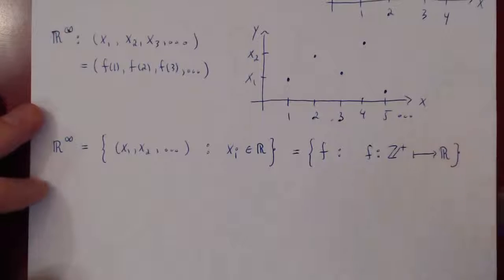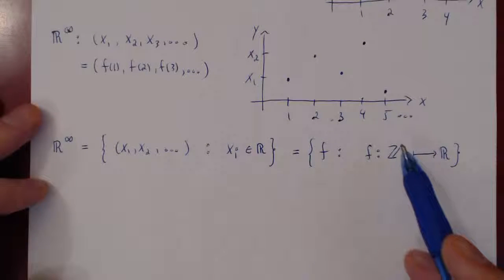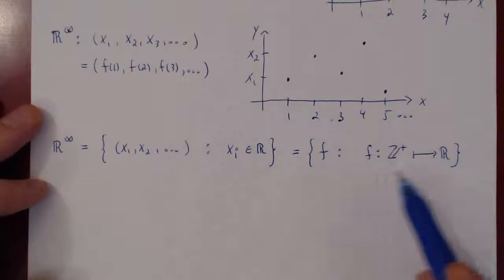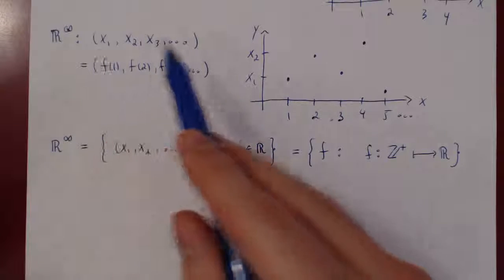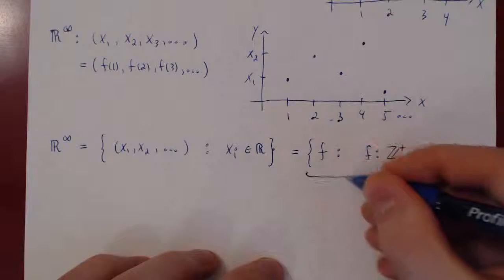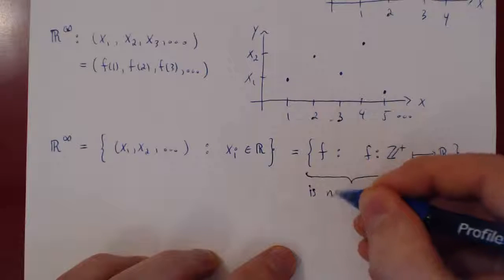So quite naturally, the space of all functions defined on the positive integers is a space of vectors. They are vectors with an infinite number of components. So this is naturally a vector space.